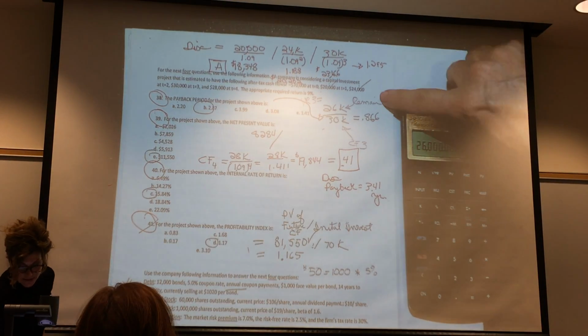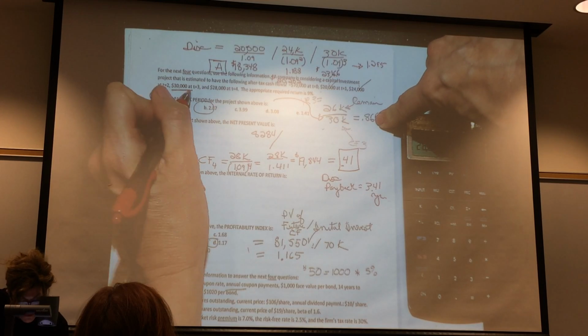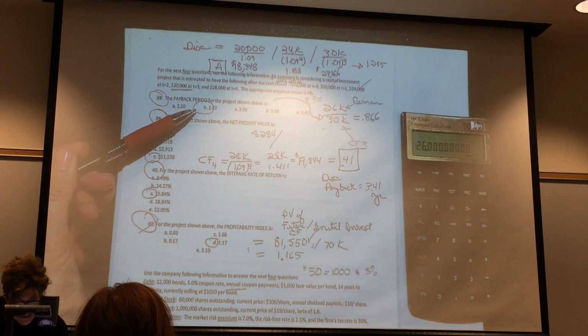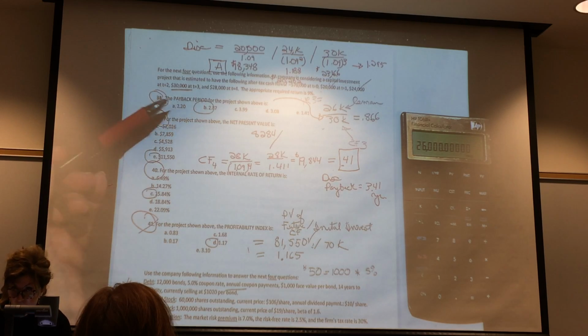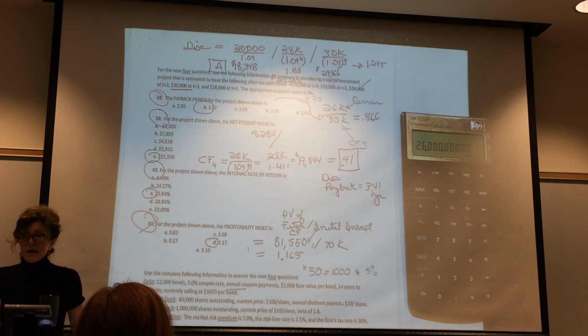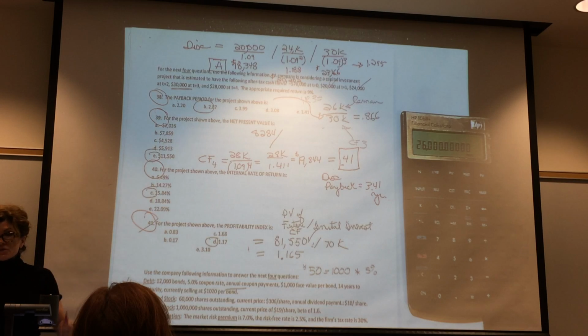So I take that 26,000 that's remaining and divide it by my next cash flow, the $30,000 at T3. So it takes me 2.87 years to pay this back. Remember, we don't like payback periods. Why? Because it doesn't consider the time value of money, and it doesn't look at any cash flows past that period.